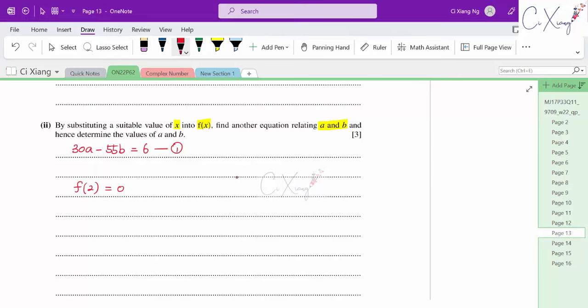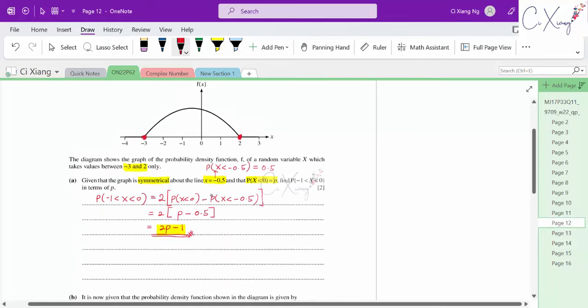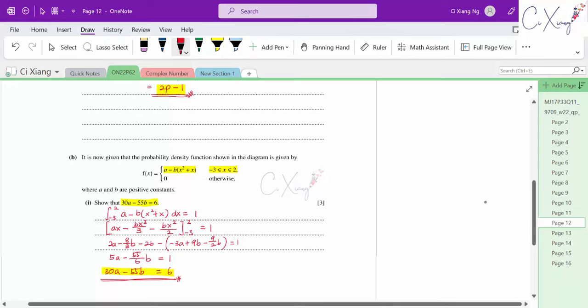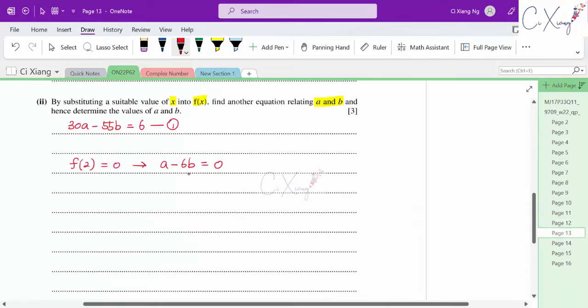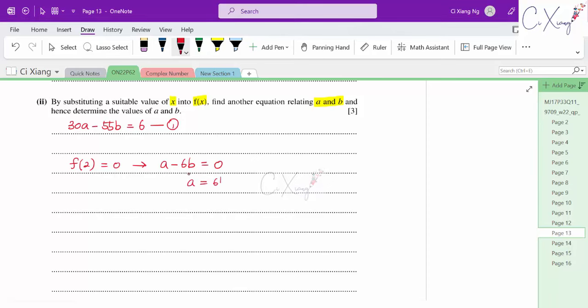So f(2) equals to 0. When you substitute x equals to 2 into the function, you will have a minus 6b equals to 0, where you get a equals to 6b. And this is your second equation.